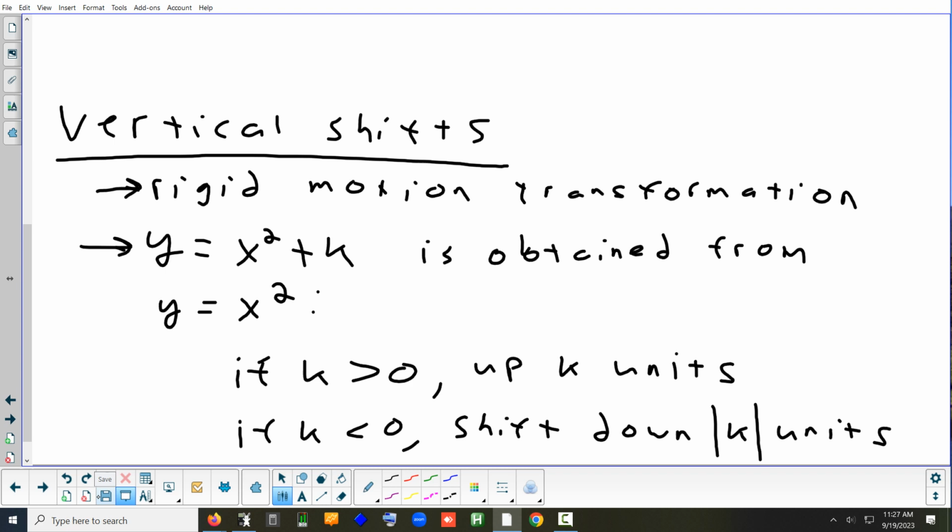Now, why do you think I wrote if k is less than 0, shift down absolute value of k units? Why do you think I put the absolute value there? Because if it's a direction, it can be negative.